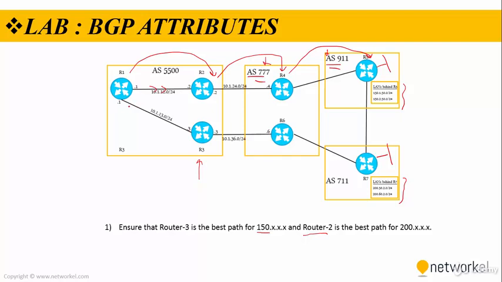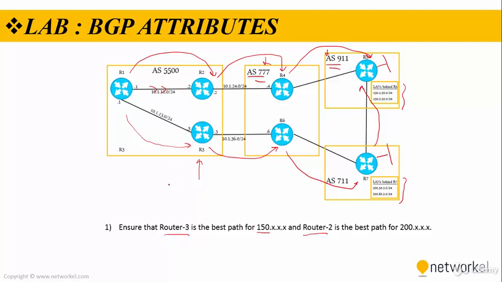If I would go from the reverse direction, I would pass 3 autonomous systems, so BGP would not choose this way if I don't configure any attribute. But the question says that router 3 is the best path for this network.